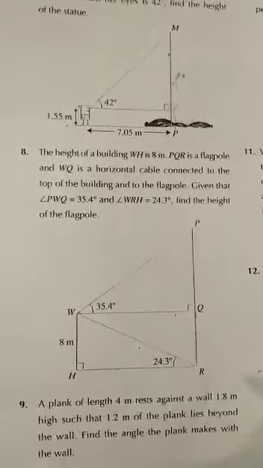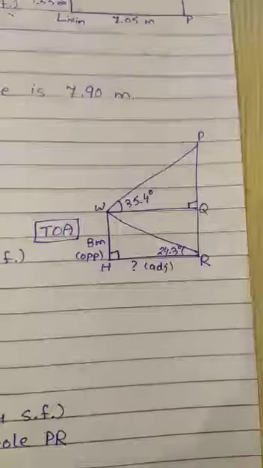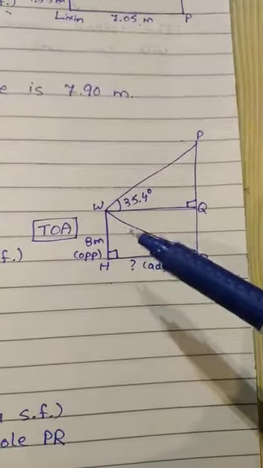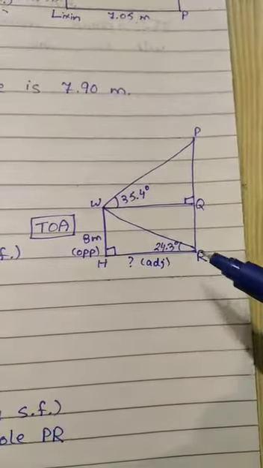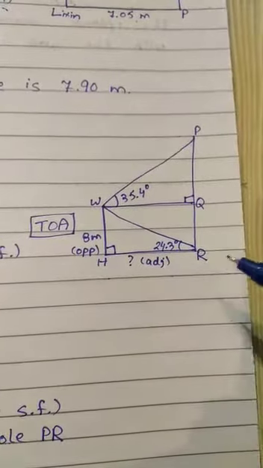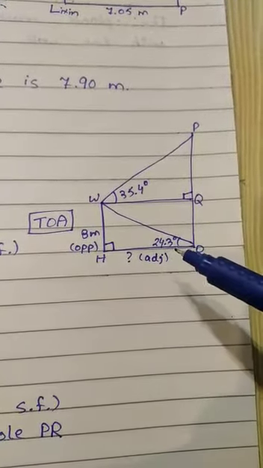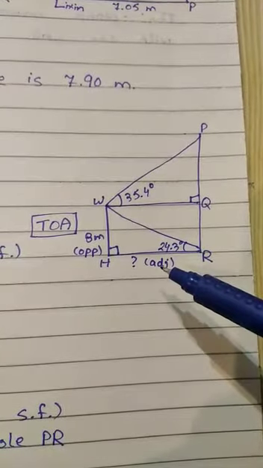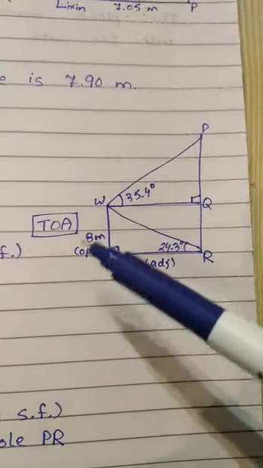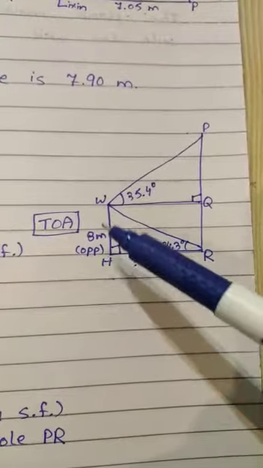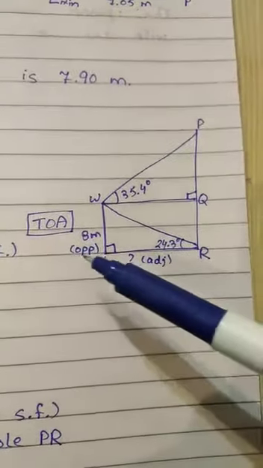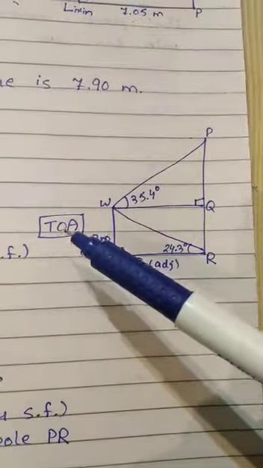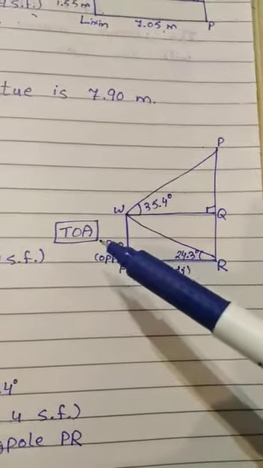So how will you find it? Let's come to the solution. We have this figure and first we will solve triangle HRW. According to this triangle we have a 24.3 degrees angle, and with reference to the given angle the adjacent side is HR and the opposite side is 8 meters, WH. If we have the opposite side and the adjacent side, which formula will we use? We will use tangent, opposite over adjacent.